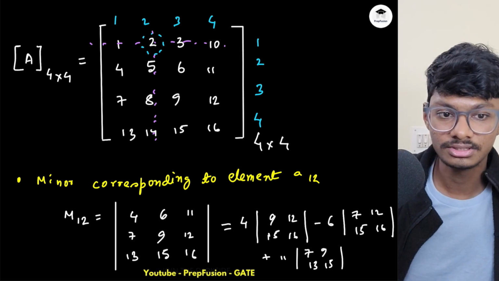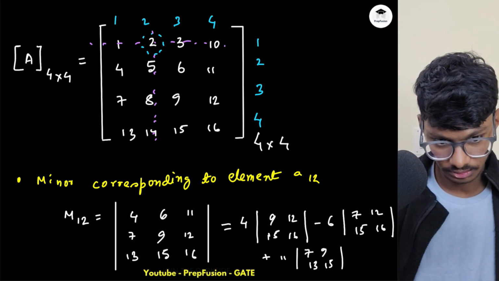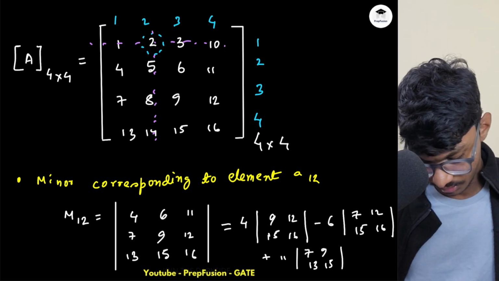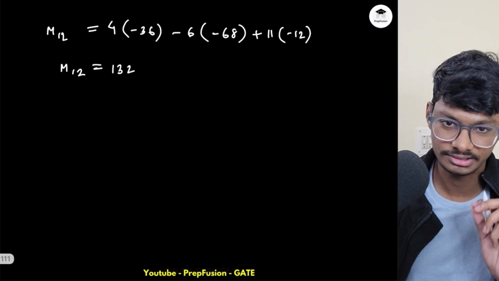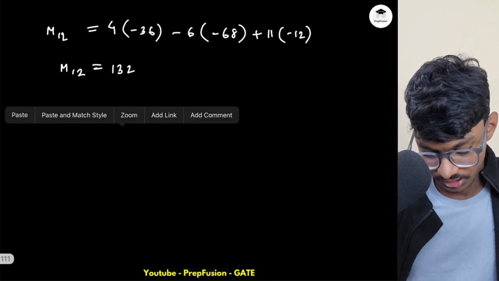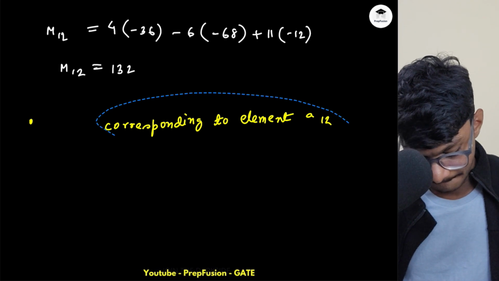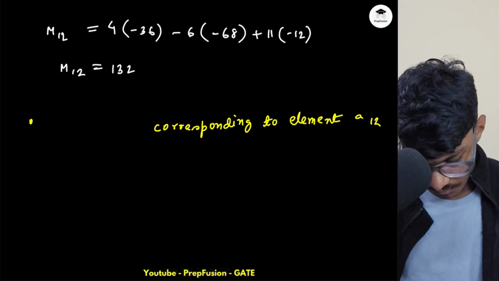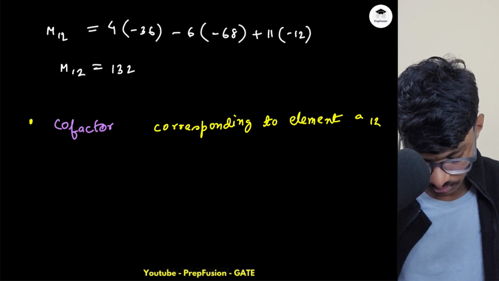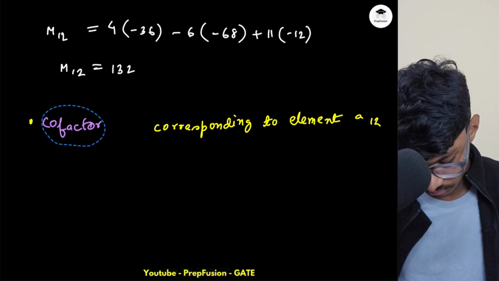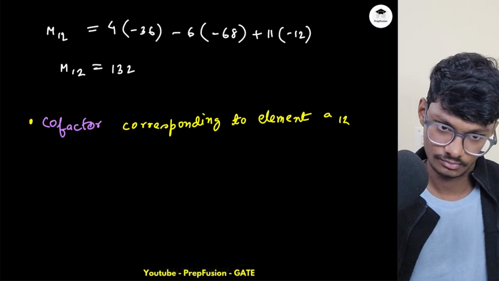So now what is a cofactor? It is just simple. If you understood the minor, in 1 second you will find the cofactor.